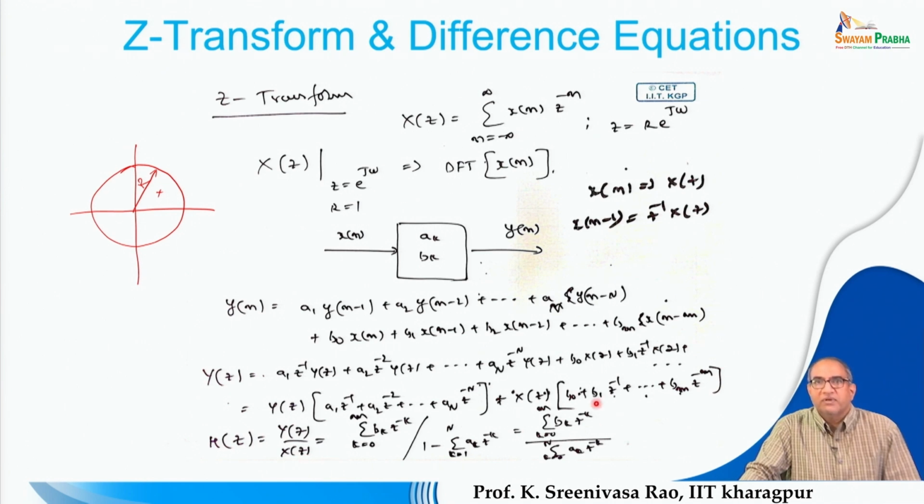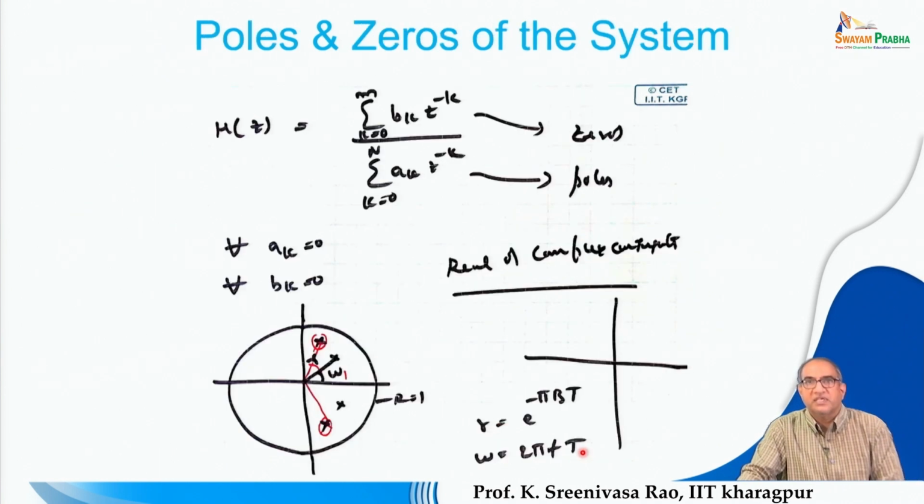When you do that, you will get a polynomial in the numerator and a polynomial in the denominator. So, we can represent this as h of z equals the sum of bk into z power minus k, where k equals 0 to m, divided by the sum of ak into z power minus k, where k equals 0 to n.